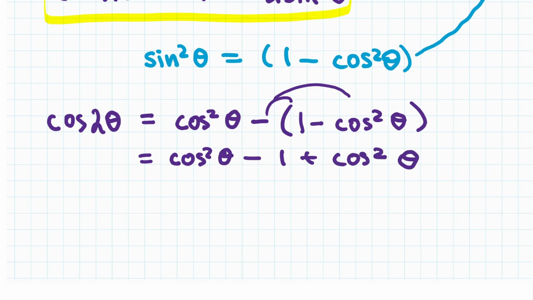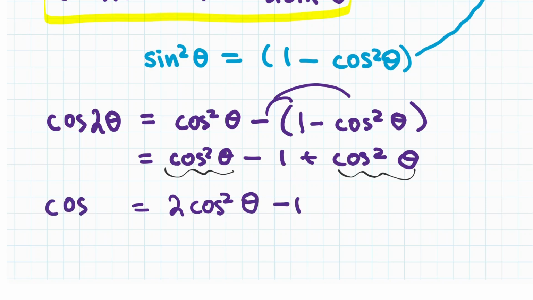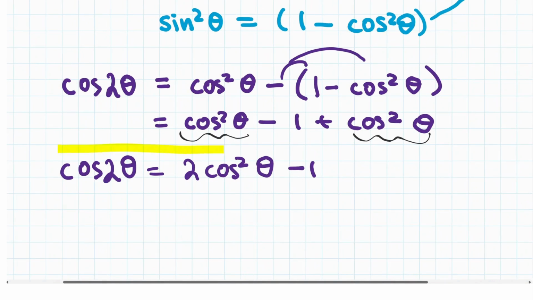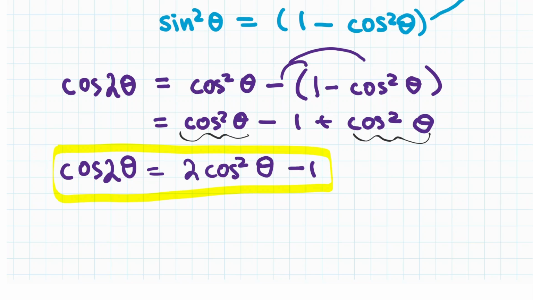So we can take the cos squareds and add them together. As a result, we have 2 cos squared theta minus 1. And that is equal to cos 2 theta. And this here is our third identity that we can use if we have a double angle in cosine.